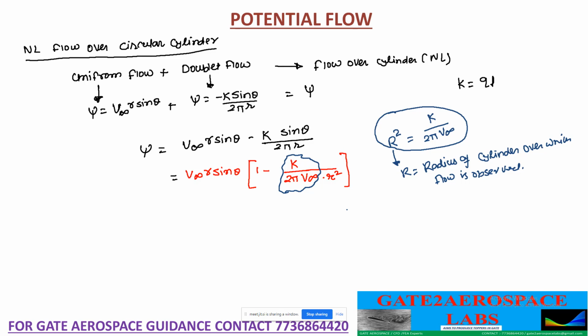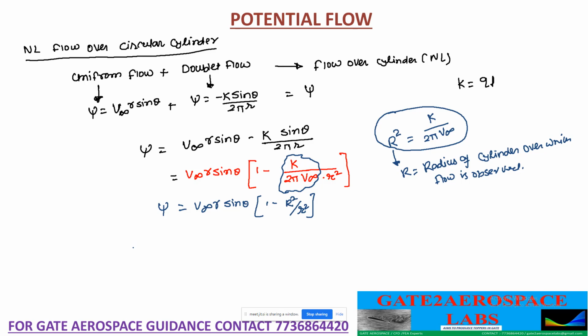Now we can write this as V infinity r sin theta into 1 minus R square by r square. This is my stream function in the radial coordinate system, not the Cartesian coordinate system.